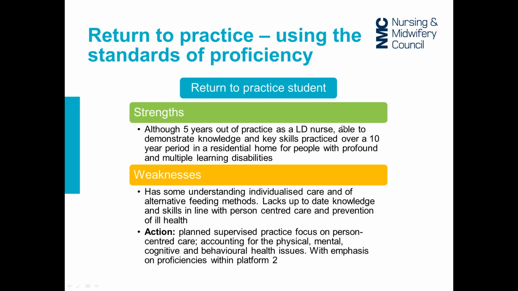It will look at accounting for the physical, mental, cognitive and behavioural health issues of the individual, and will put emphasis on proficiencies within Platform 2. So it's where we're looking at preventing ill health of individuals with learning disabilities and promoting health and well-being for them too. And also it will take account of making reasonable adjustments whilst caring for people with learning disabilities that might not have been so clear in the previous experience of that particular nurse.